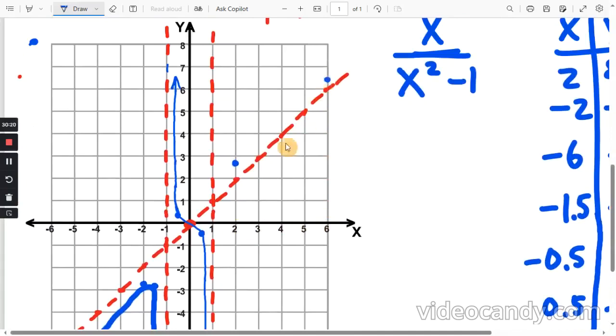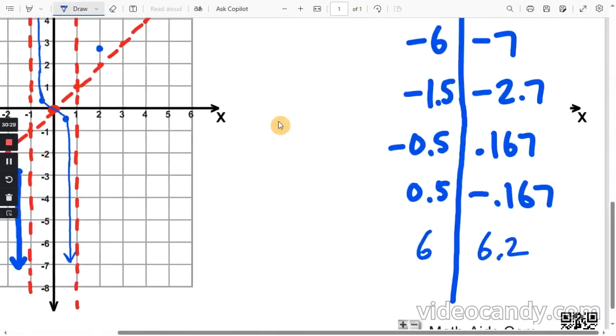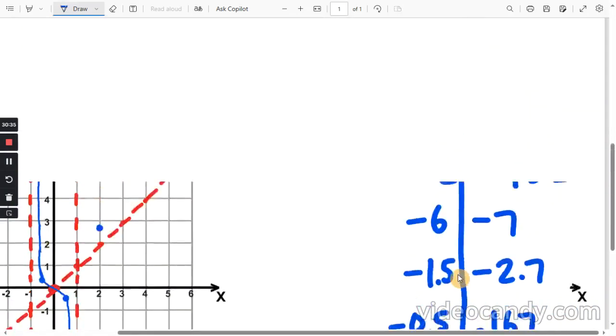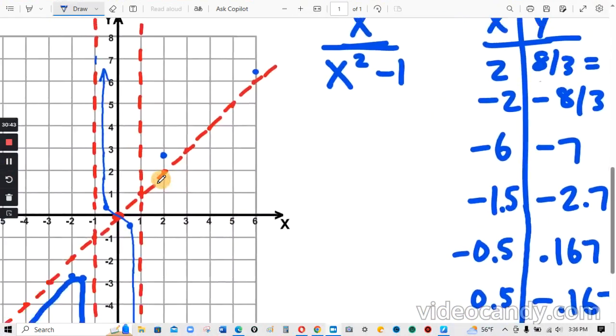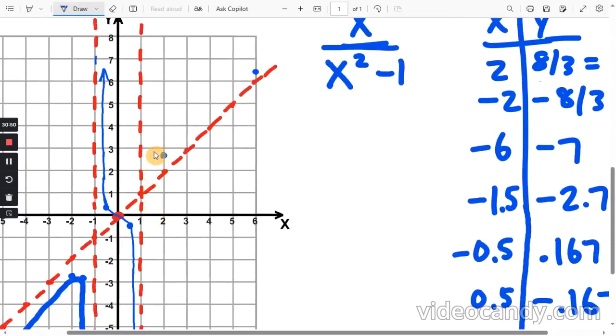So that makes perfect sense. And let's see, right in here, let's try 1.5 and make sure it's going up. I'm almost positive it is. It's probably going to be positive 2.7, right? Plug that in. Yes, I get positive 2.7 at 1.5. So at 1.5, I'm going to go up to 2.7.